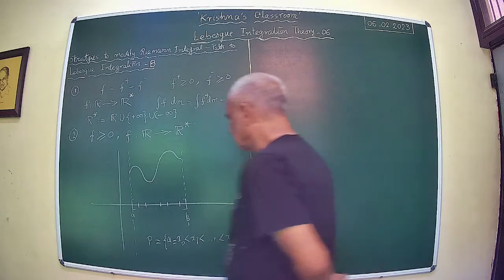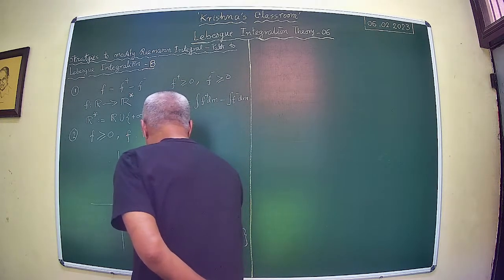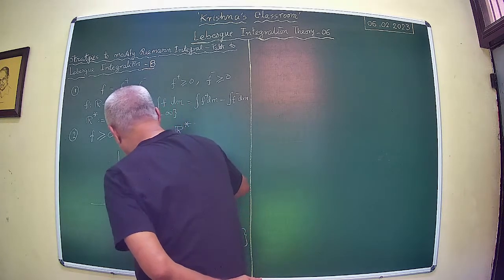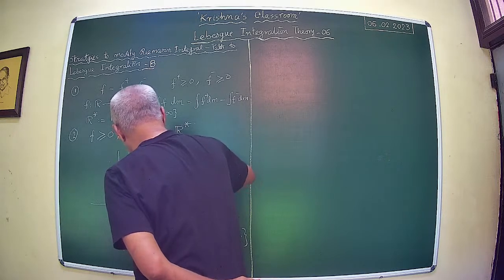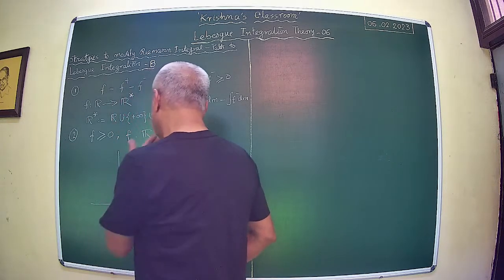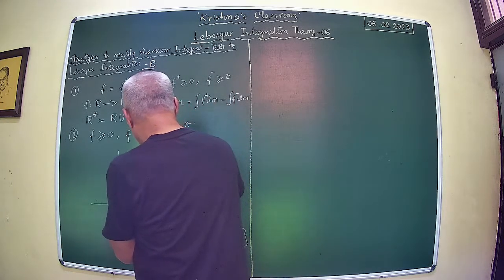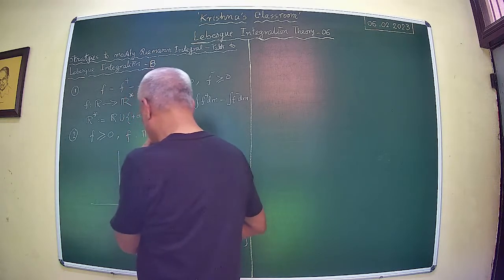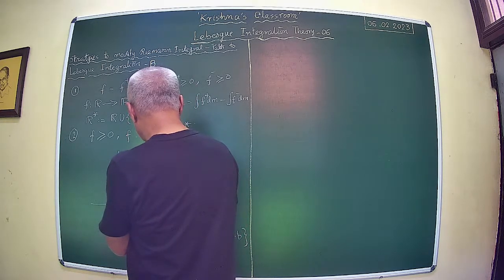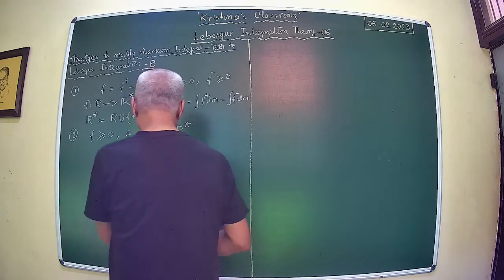And then suppose this is x i minus 1, x i. We approximated the area enclosed between the curve and the ordinates at x i and x i minus 1, which is a region of this type, from below and above.